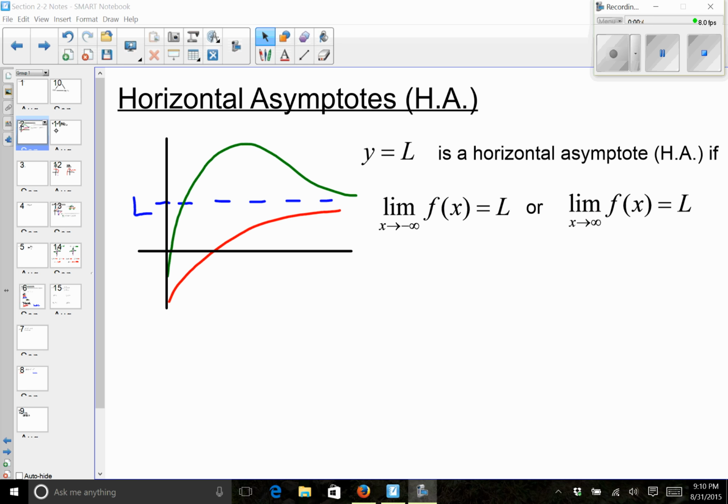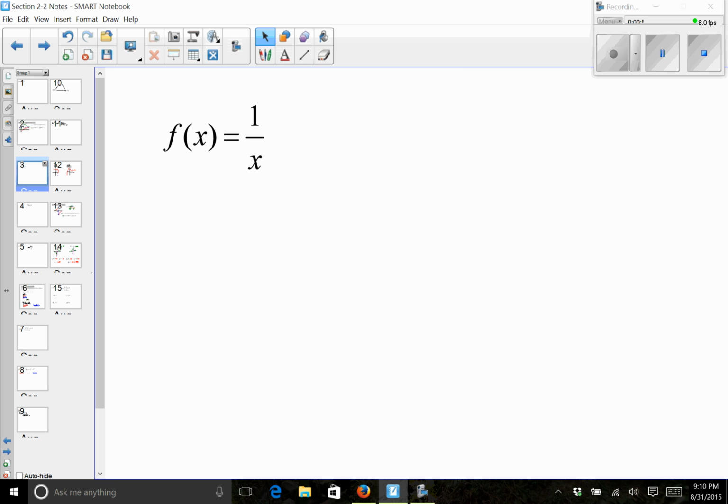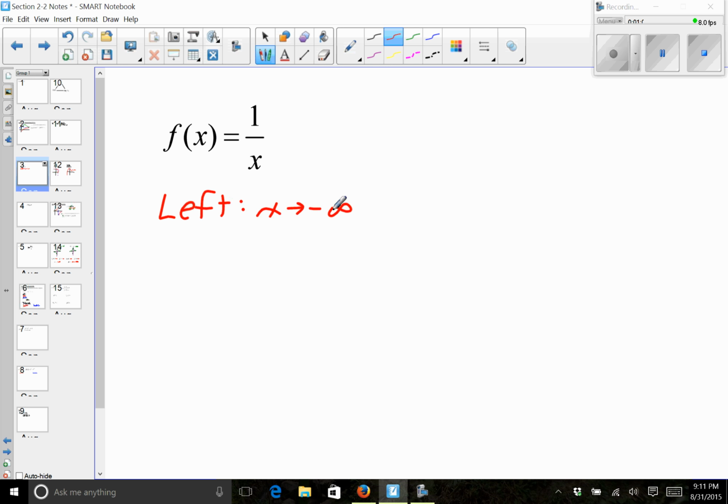There are several ways we approach this, in its most basic form. If we look at the function 1 over x, I do have to check both directions. If I look at going to the left, that says x is going towards negative infinity. Well, as x goes to negative infinity, I would have 1 over negative 10, 1 over negative 100, 1 over negative a million, 1 over negative 10 trillion.